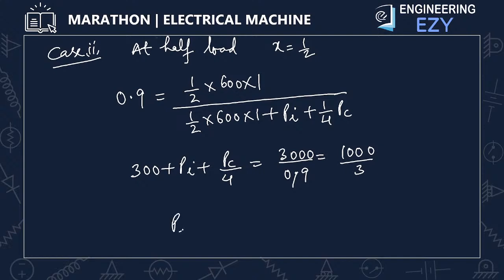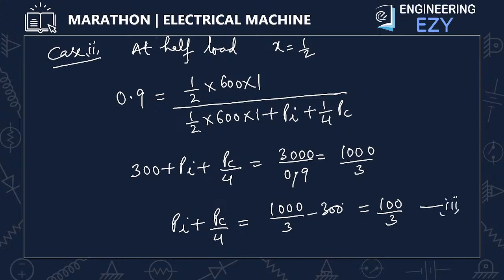So Pi plus Pc by 4 is equal to 1000 by 3 minus 300. 1000 by 3 minus 300 is 1000 minus 900, that is 100 by 3. It is equation number 3. Now if I solve equation 2 and equation 3, Ashok is giving the answer.